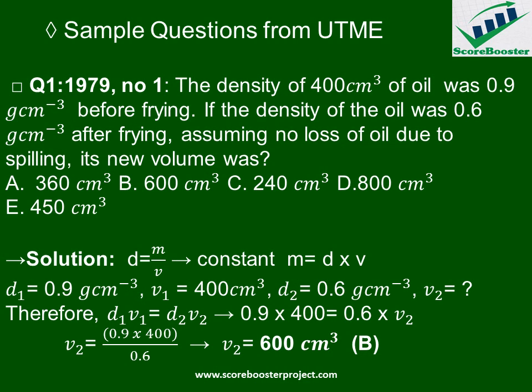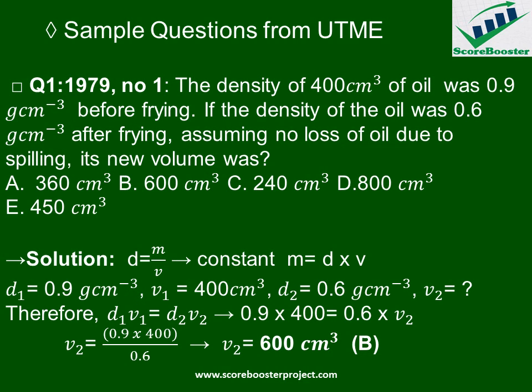Now, since the mass of the oil before and after frying is equal, then the expressions for it will also be equal, and therefore D1V1 will be equal to D2V2. Then substituting for the parameters, D1 is 0.9 times V1, which is 400, equals D2, which is 0.6 times V2, which is unknown.